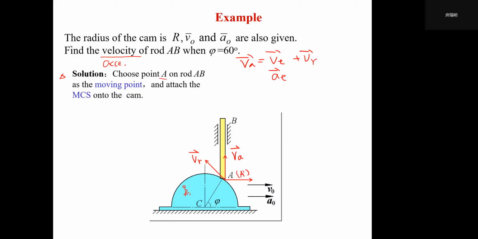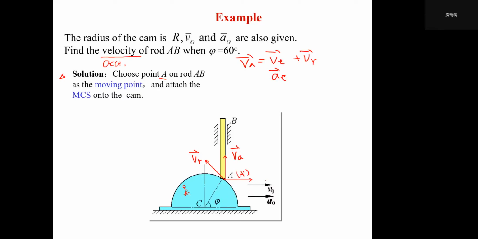In this example, we know that this translational cam has V0 and A0, and its motion is translational movement. So any other point on this cam will always have the same velocity and the same acceleration. Do you guys still remember this main characteristic of a rigid body which has a translational motion, right?